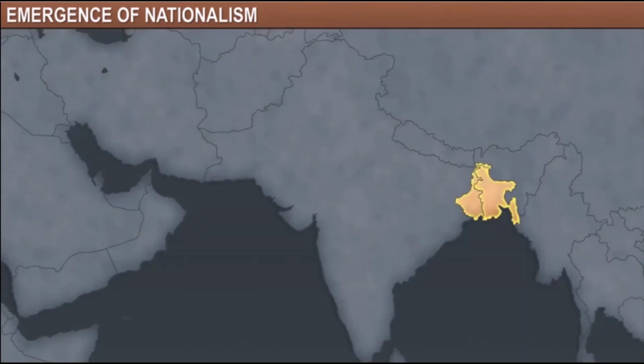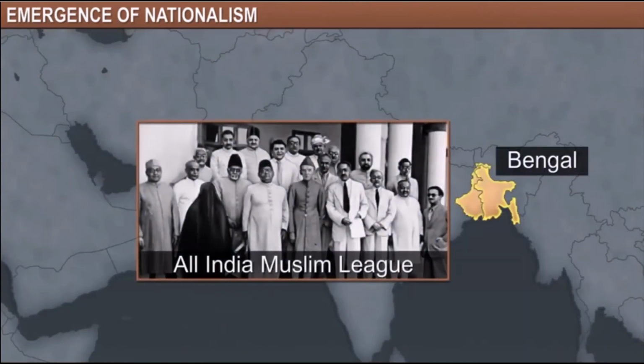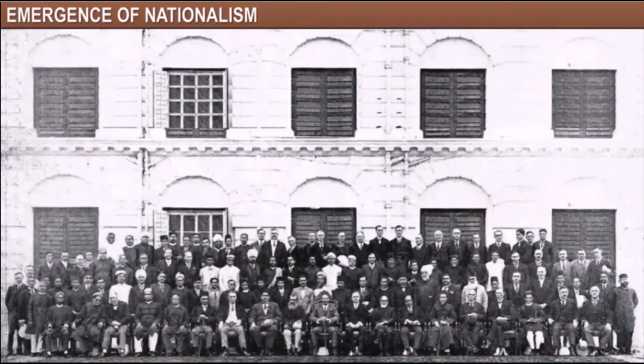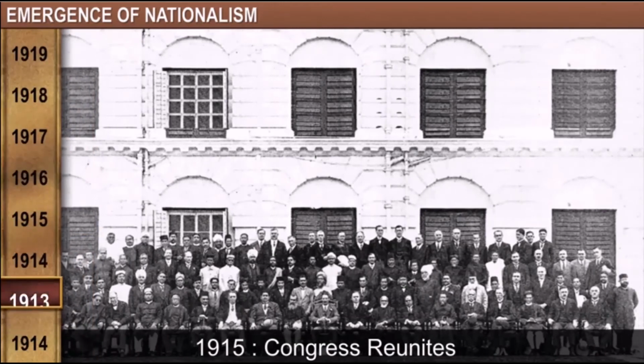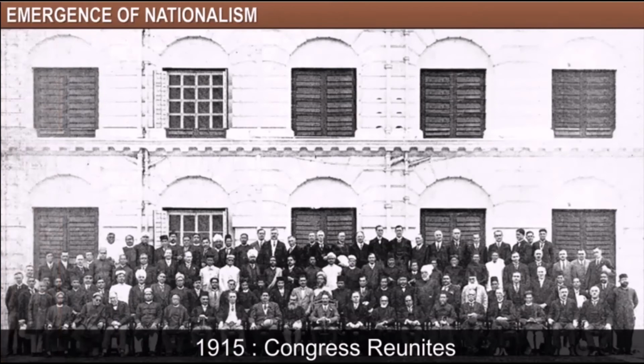However, the partition of Bengal was supported by the All India Muslim League. In the meantime, the Congress split in 1907 and was now led by the moderates, while the radical group, led by Tilak, worked separately. However, in 1915, both the groups united again.